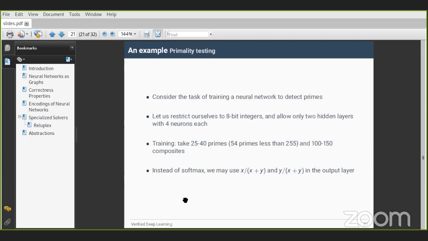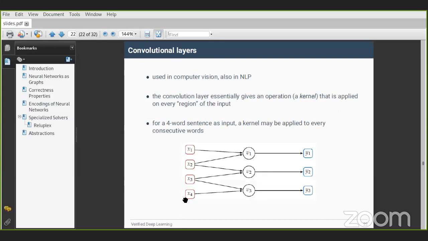Okay, moving on, Hitat also told about these convolutional layers. For instance, he gave this example of an image, where you have these pixels, and you can take a region of your input and apply some kernel on it and get some output, so you add a layer to get that.